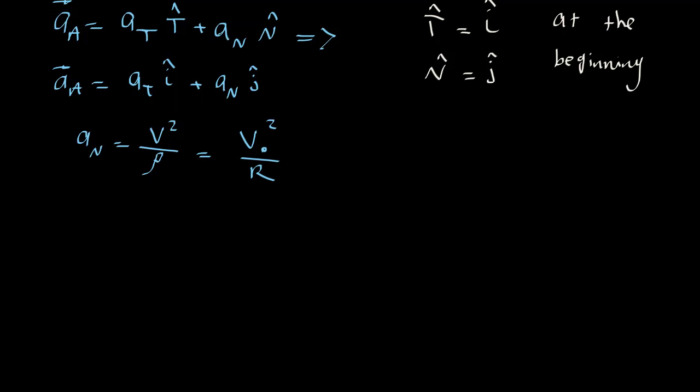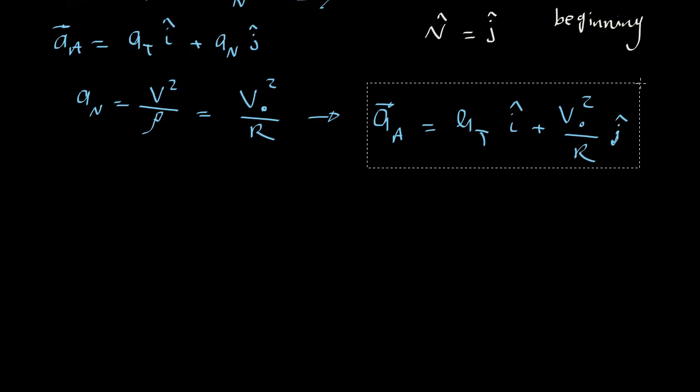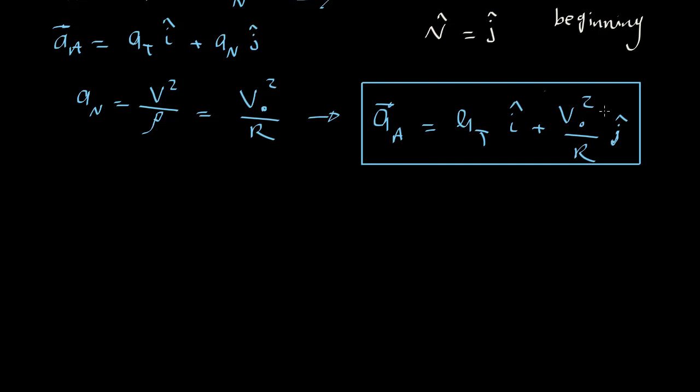Therefore, the acceleration of point A would be a_t, which we don't know, the tangential acceleration, plus v naught squared over r, which we do have, in the j direction. Okay, so that's one equation for the acceleration of point A.